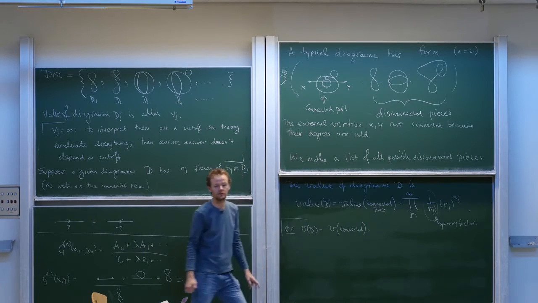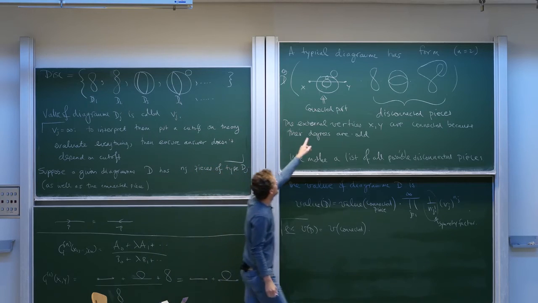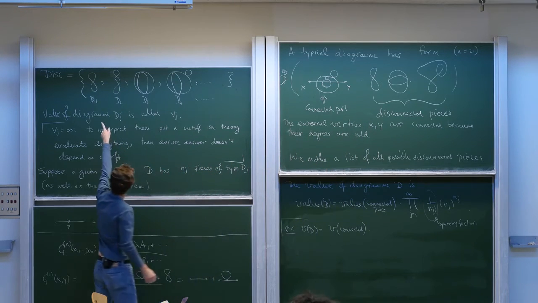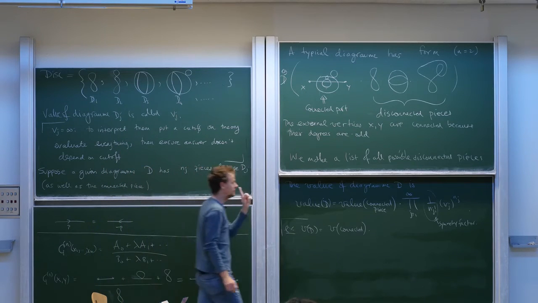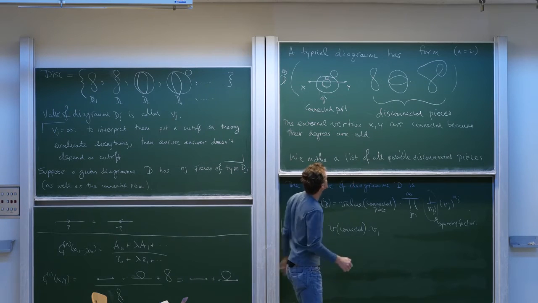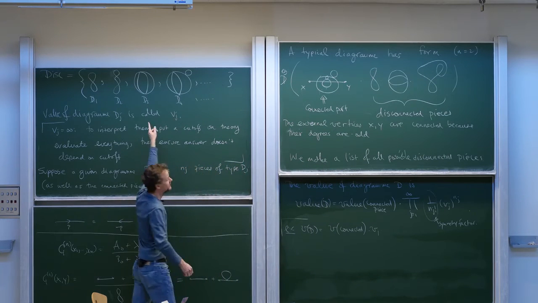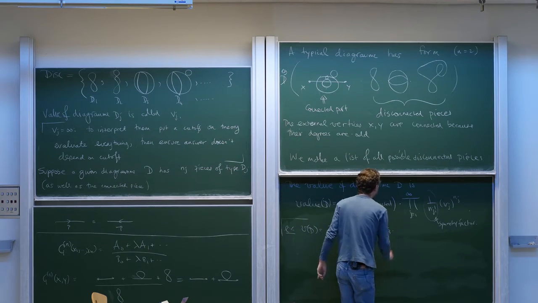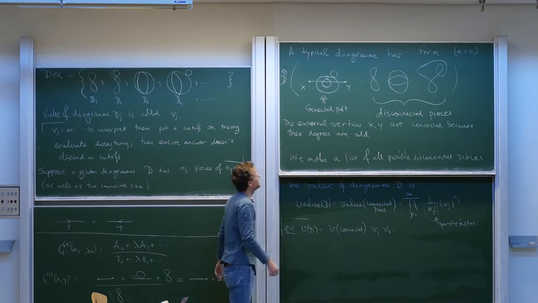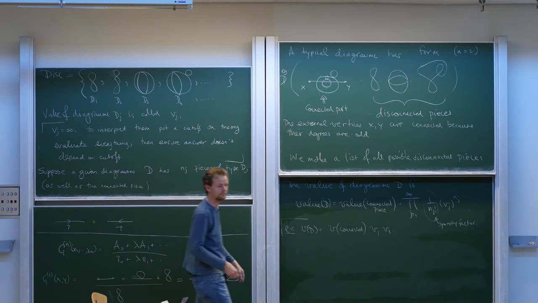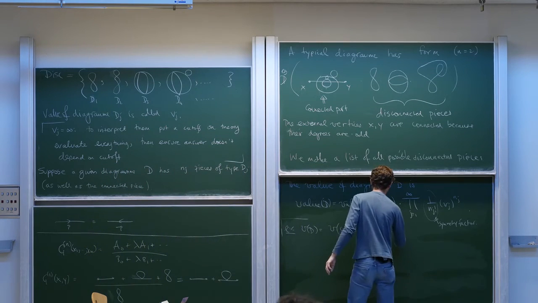It's definitely the value of the connected part multiplied by the value of the first disconnected part, but that's a diagram of type 1 or D1, so that's just V1. Then it's multiplied by the value of the second disconnected piece, but that's D3, so this is V3 here. And then the third diagram there is a bit hard to see, but it's actually a diagram of the second type, V2.